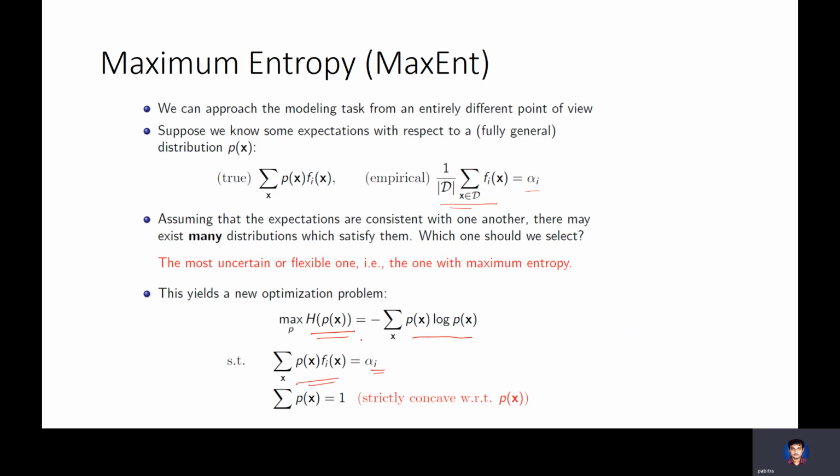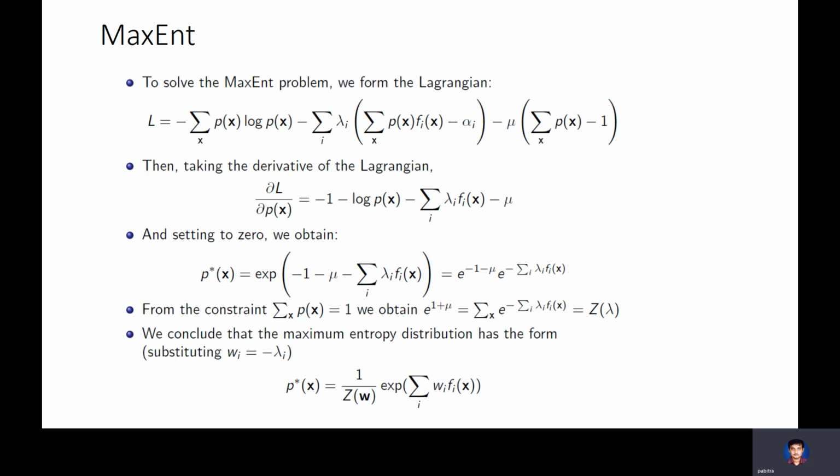Now you solve this maximization problem. You usually construct a Lagrangian and take the derivatives, and you can find out p*(x) is some normalizing factor times the exponential of the summation of w_i f_i(x). All this you can work out, and that gives you the solution.